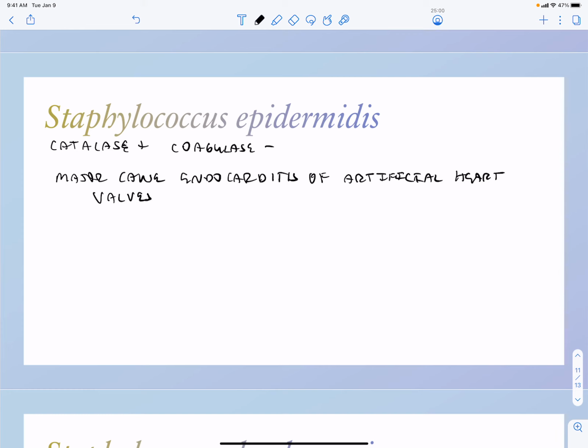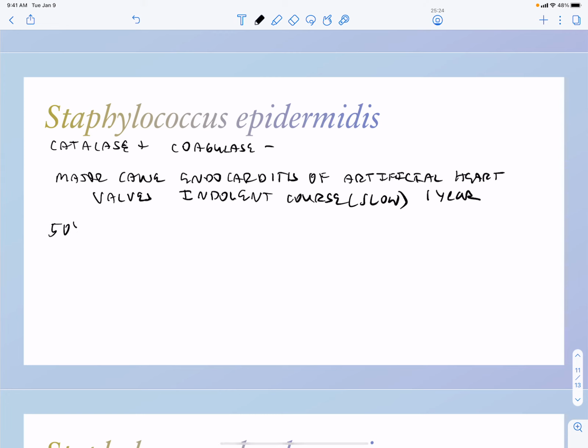And so this is typically Staph epidermidis would be introduced at the time the heart valve was placed in, and it's going to have an indolent course. So it's going to be slow. And the signs are going to take about 1 year.